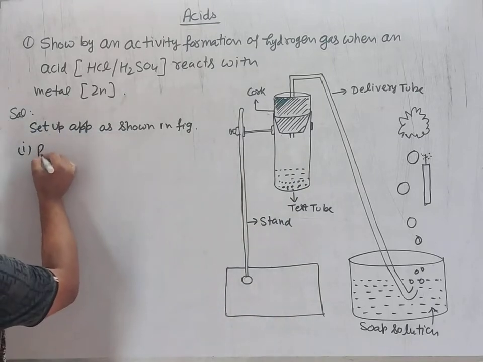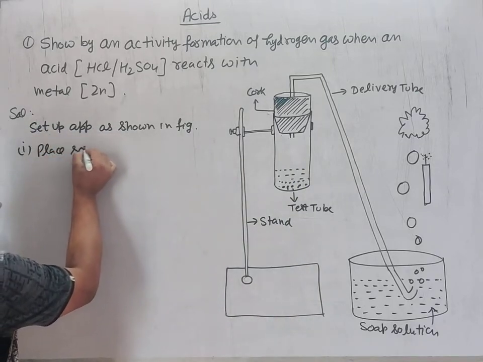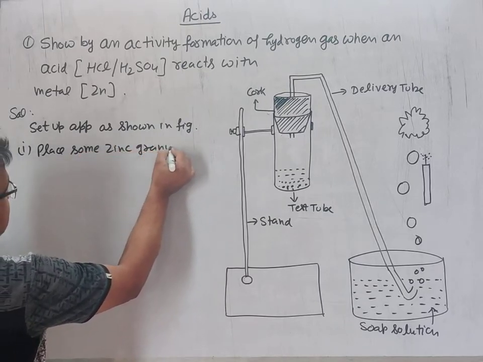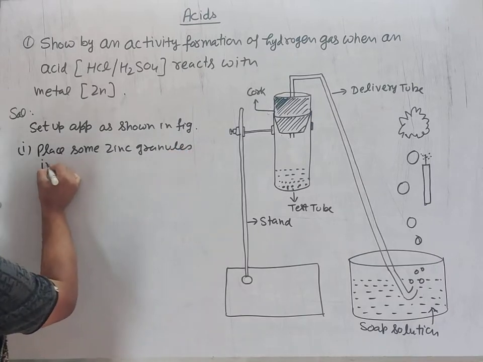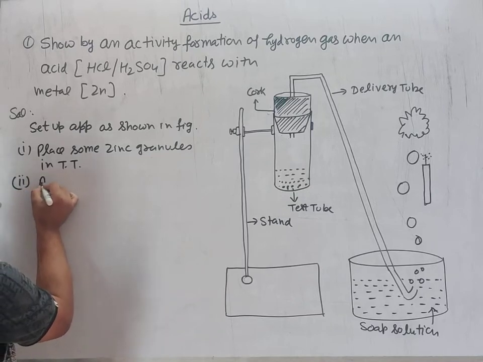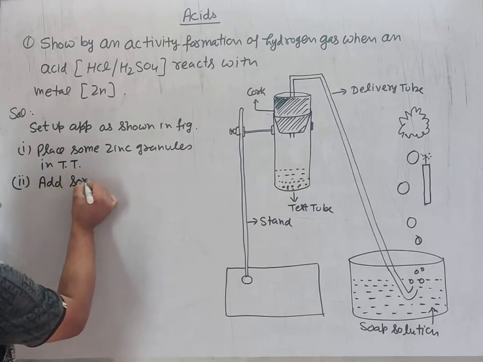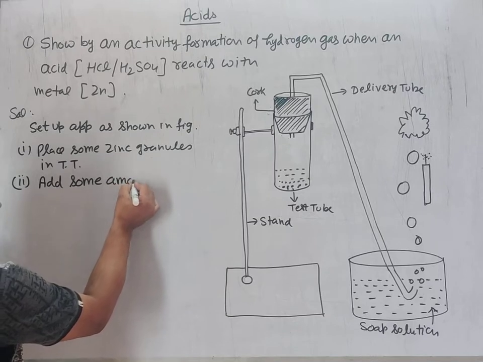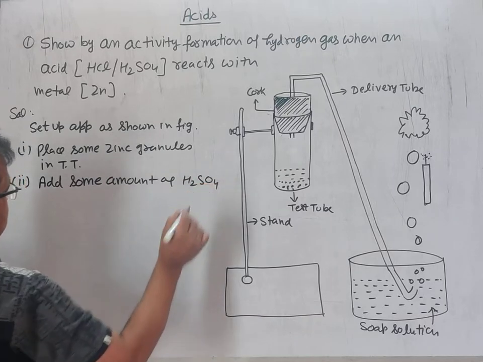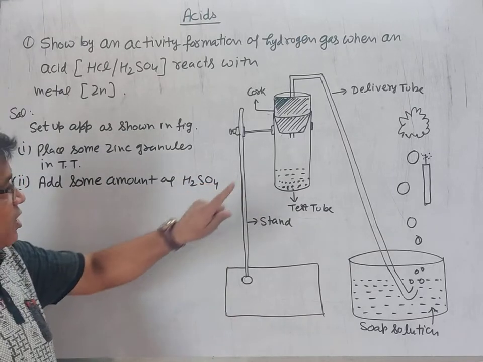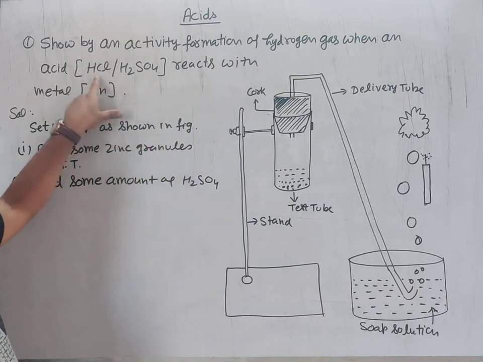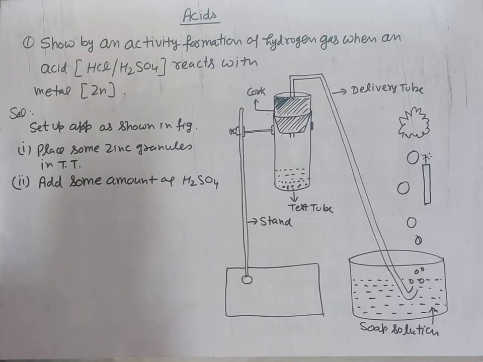TT means test tube. Take some zinc granules in the test tube, add some amount of H2SO4, that is sulfuric acid, or HCl, that is hydrochloric acid.